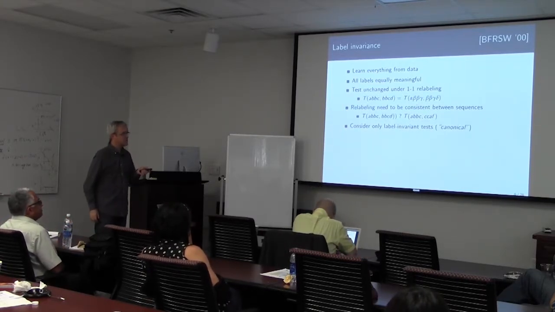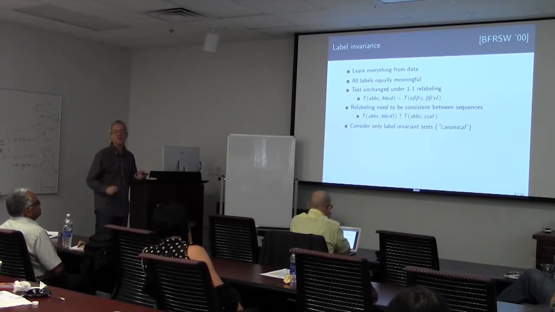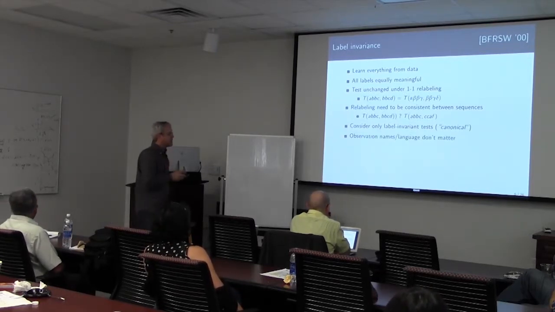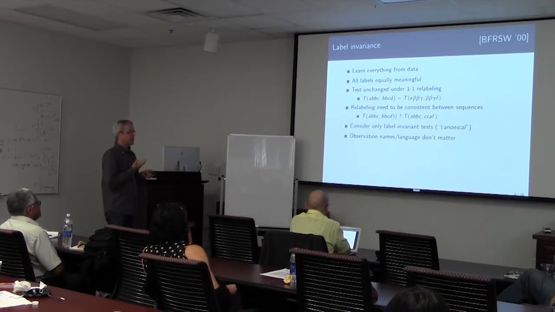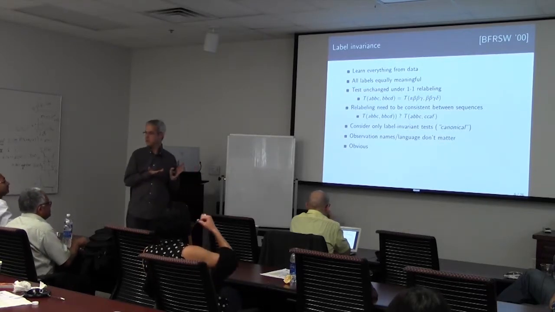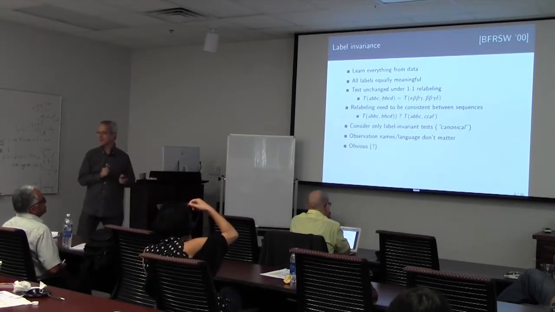In fact, that's what people do, and they call them canonical tests, canonical algorithms. Okay? And all they mean is that the observation names or the language that you use should not matter. Okay? And it seems obvious that that's what the test should be, right? Obvious to everyone? Okay, we'll come back to that.